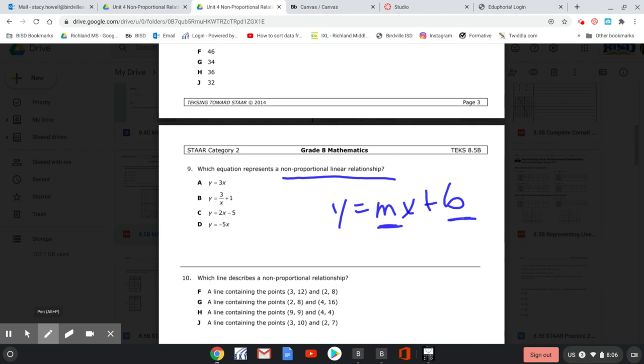Based on that, you should know which one represents a non-proportional equation. Two of them would be proportional, and then there's one that we've never seen before. So based on that, you should know the right answer.